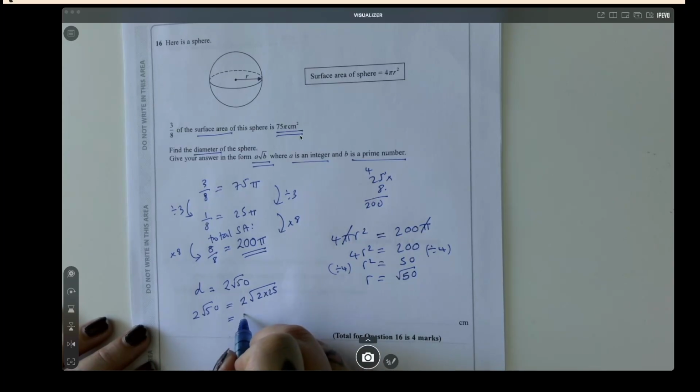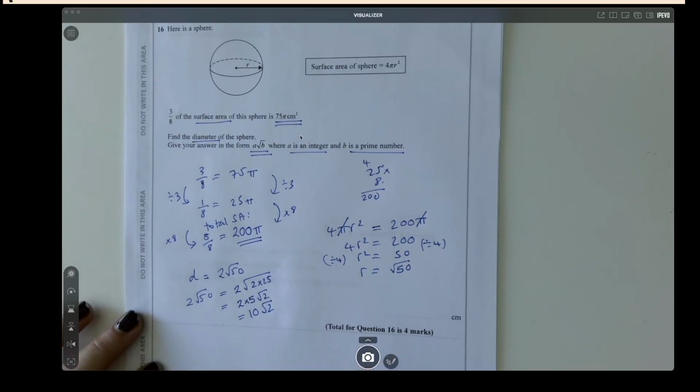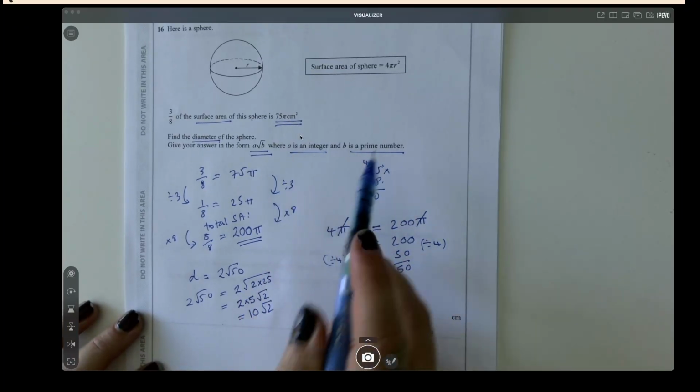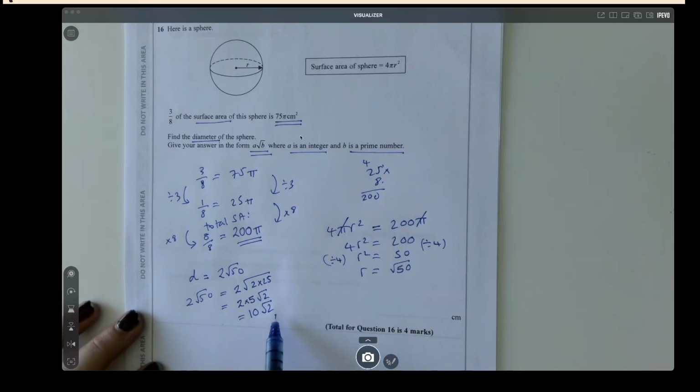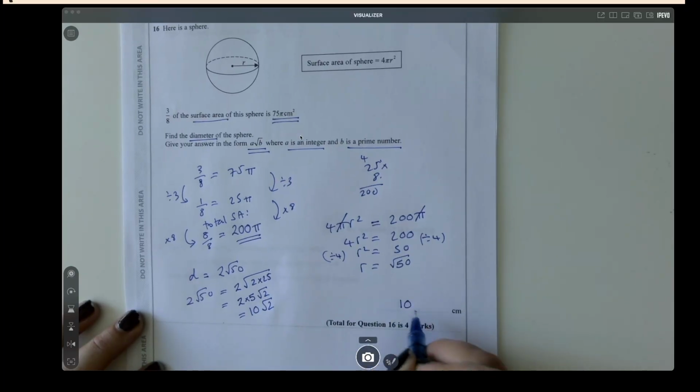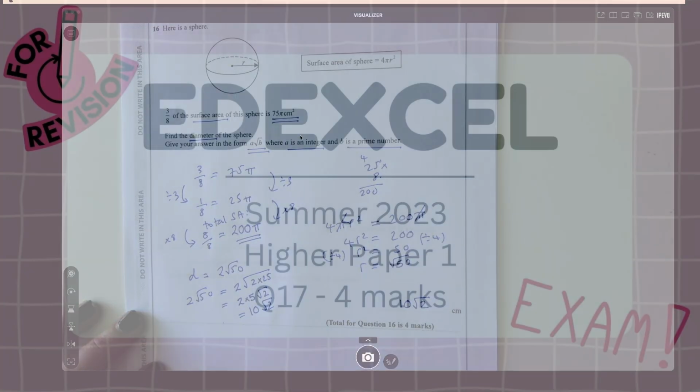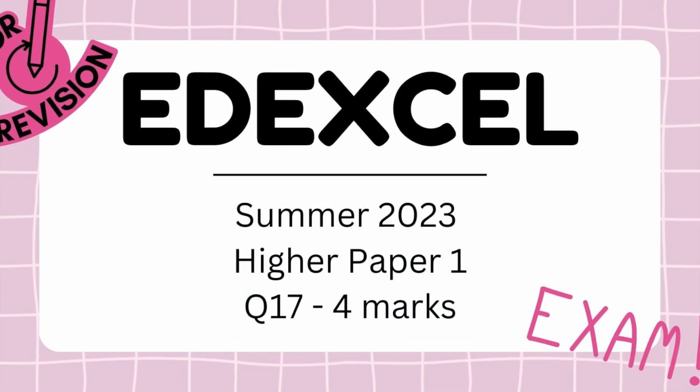Which will become 2 times 5 root 2, which will become 10 root 2. Let's check this. a is an integer, b is a prime. 10 is an integer, 2 is prime, so we're going to write our diameter as 10 root 2 centimetres.